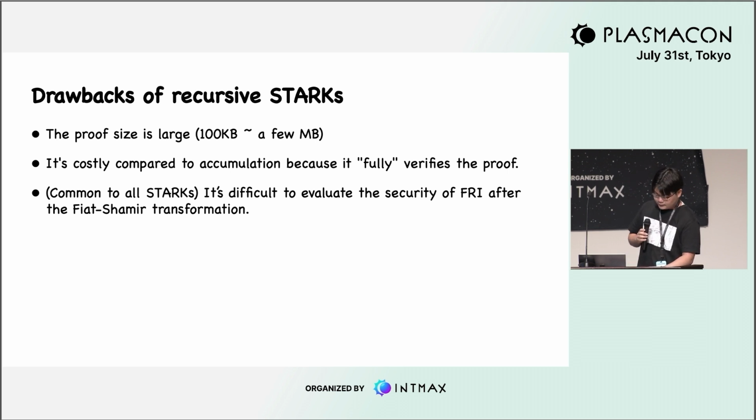Also, unlike accumulation schemes, it completely verifies the proof at each step, so the cost of verifying the ZKP is larger compared to accumulation schemes. Another problem is that after the Fiat-Shamir transformation, the security of FRI is difficult to evaluate, and in most cases, we have to use a conjectured security level.